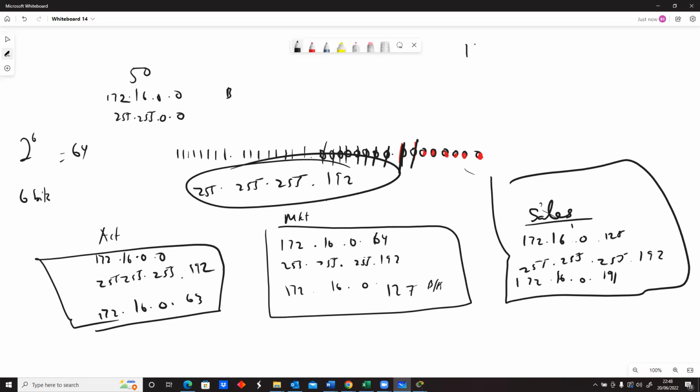We have one more, HR. HR will start from 172.16.0.192 with the same subnet mask 255.255.255.192. And our broadcast address is 172.16.0.